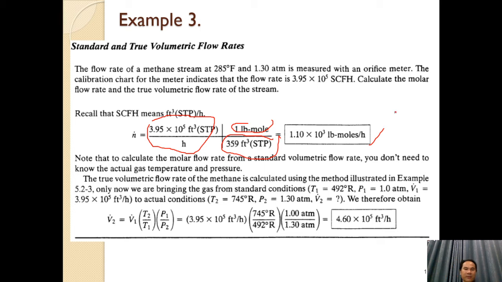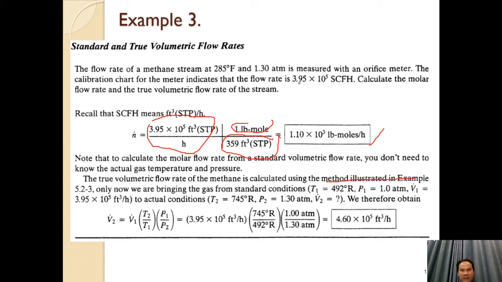The true volumetric flow rate of the methane is calculated using the previous technique, by comparing the first state and the second state. For this case, the first state is T1 equal to 492 Rankine, P1 equal to 1 atm, V1 equal to this.